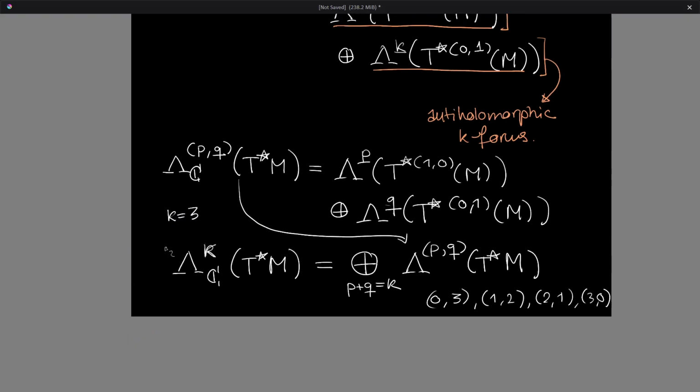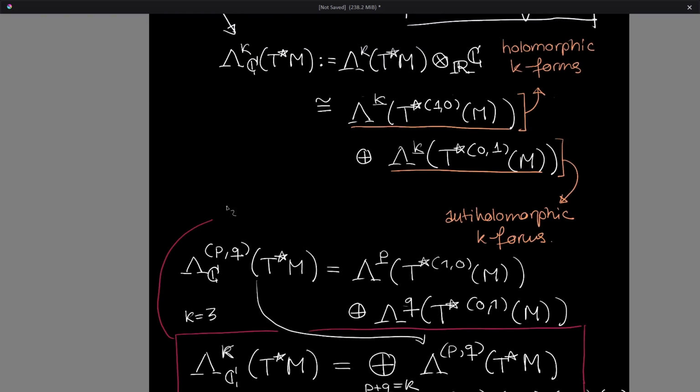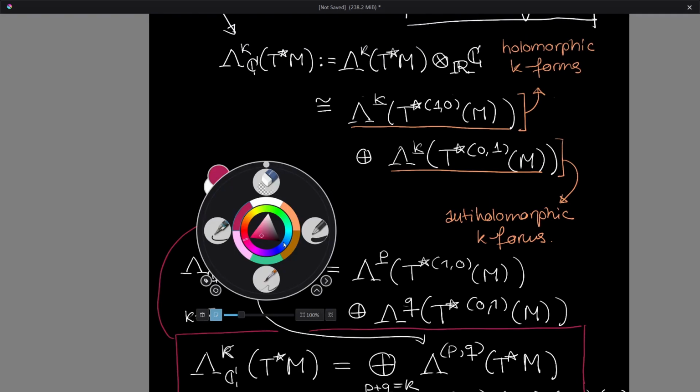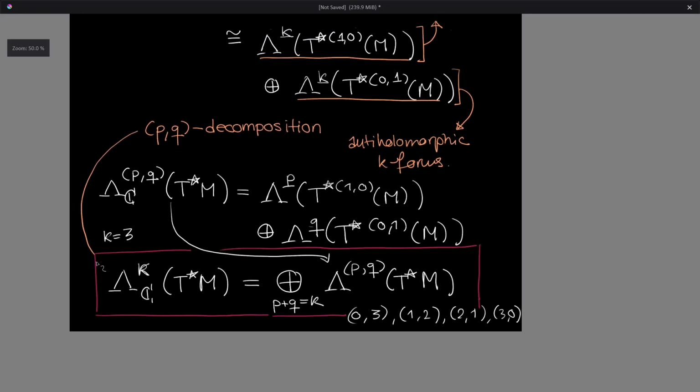So that's what this is. This is a very important result, so I'm going to box it. I don't know if the red is very apparent on the screen. Let me do it in a brighter color so I know it's visible. So this is called PQ decomposition. It's a very important result.